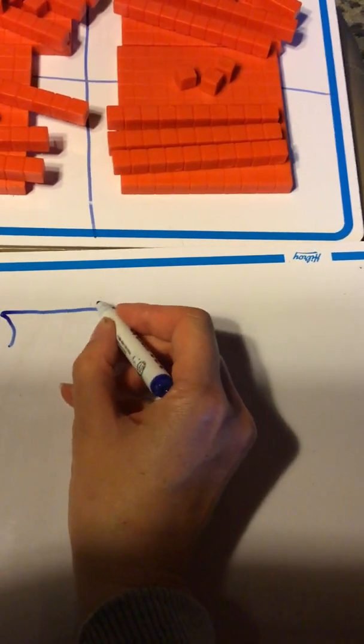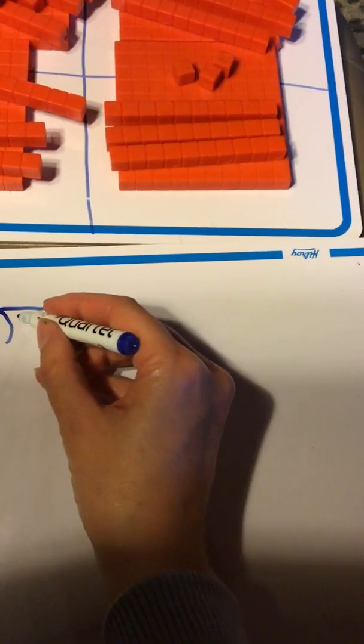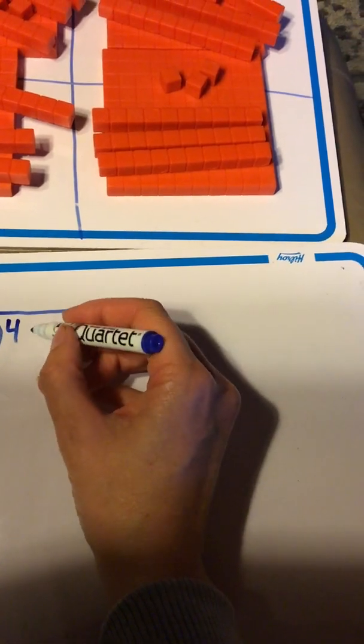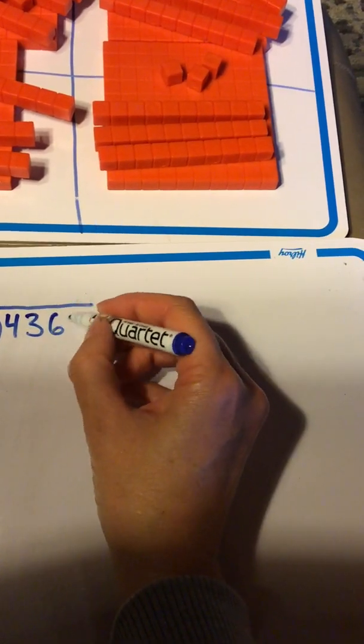So we have more cookies for them to share. We are going to share 4,361 cookies. And I'm going to move the plates out of the way because I don't have enough cookies in that way. So I'm going to have to figure out the other way of sharing, which is using our multiplication chart.